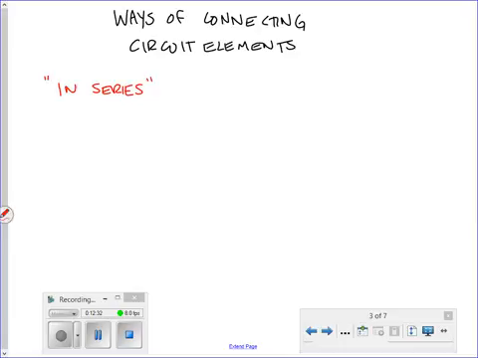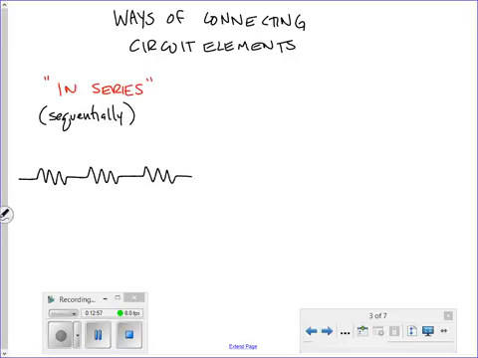To connect circuit elements in series means to connect them one after the other, sequentially. Like, here's a resistor, and then there's another resistor after that, and another resistor after that.